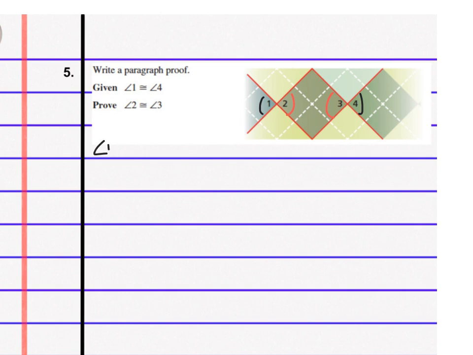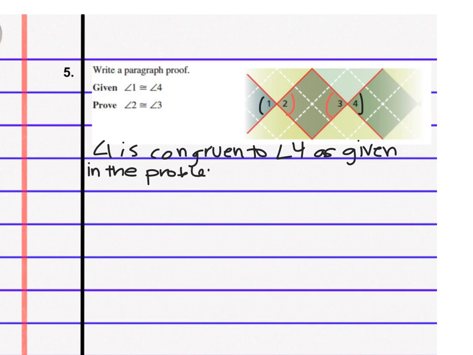So angle 1 is congruent to angle 4 as given in the problem.